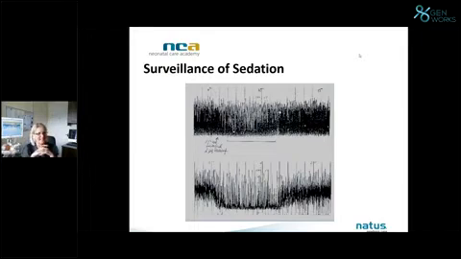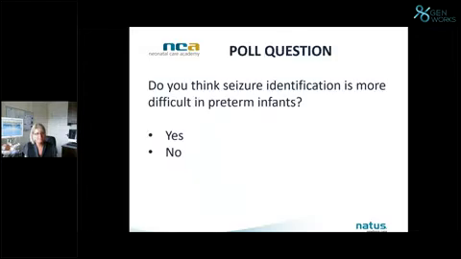But I don't think as yet I've ever met a neonatal nurse who's told me I've over-sedated the baby, because nurses like sleeping babies. So it's actually quite good to be able to measure and survey the amount of sedation we've given to check that we're not actually overdoing it and really flattening these background patterns down.